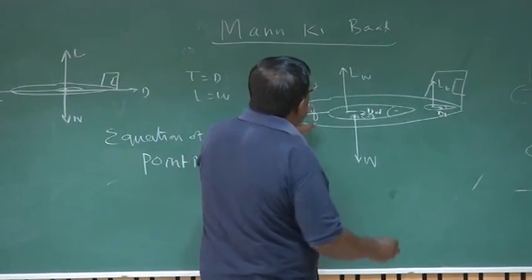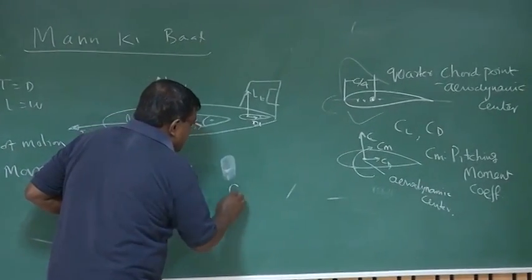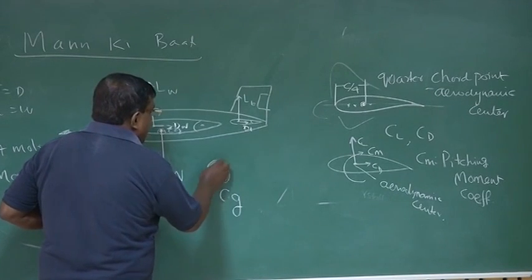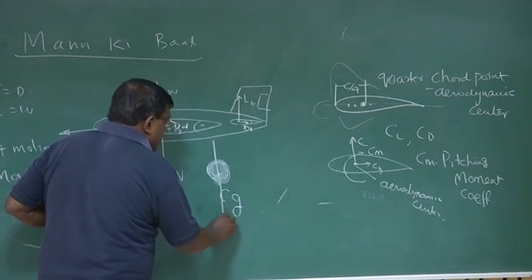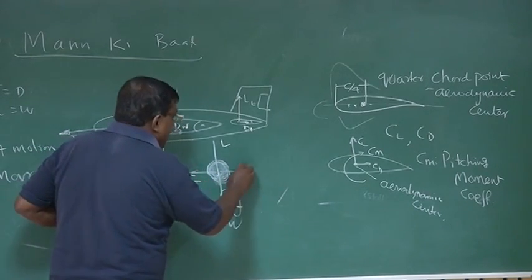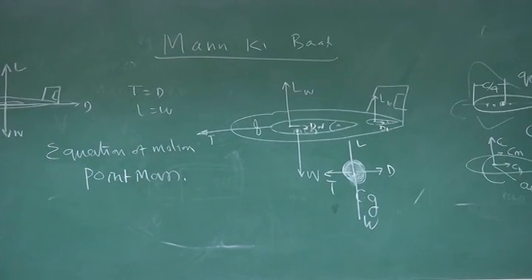So I am assuming the whole mass is concentrated at the CG, and whatever we are writing, lift, weight, thrust, drag, all are assuming that these forces are being applied on that point mass.